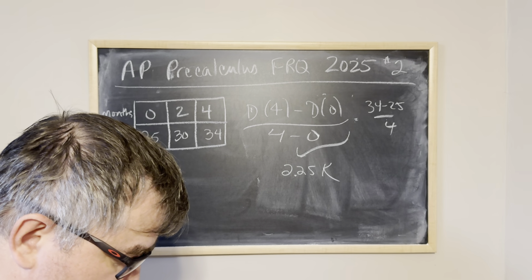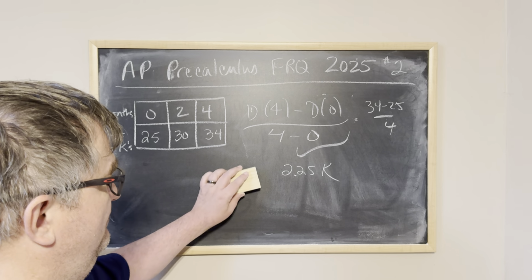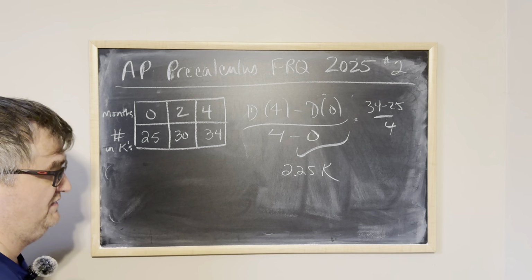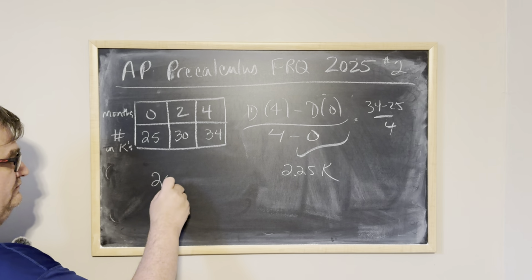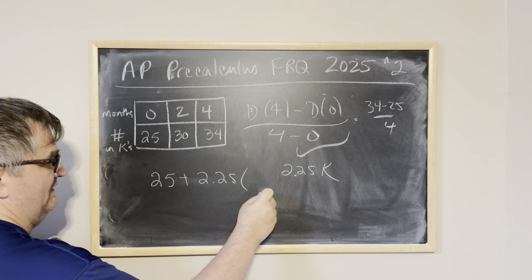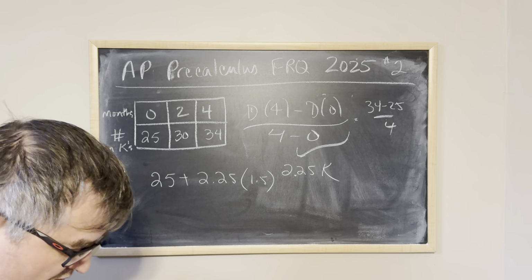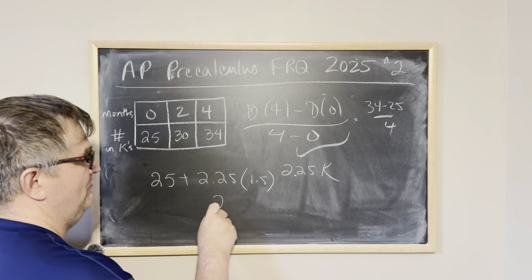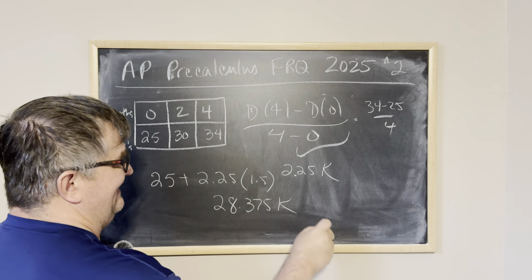Use the average rate of change found in Part B1 to estimate the song at t equals 1.5 months. So we now know we started here plus 2.25 multiplied. So now it's a linear approximation, and what you'll get is 28.375 thousands.